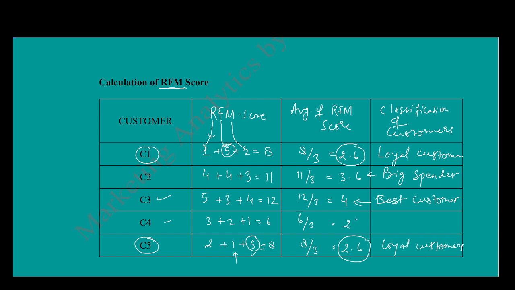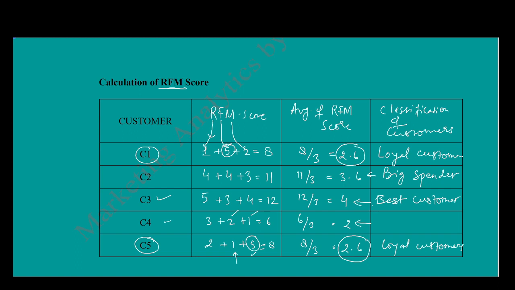Now if you look at this value of 2, which is the least in this case, I would say that this fellow is coming quite less in terms of numbers, spending even quite less amount.